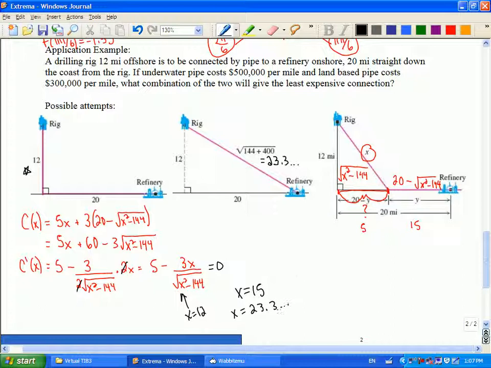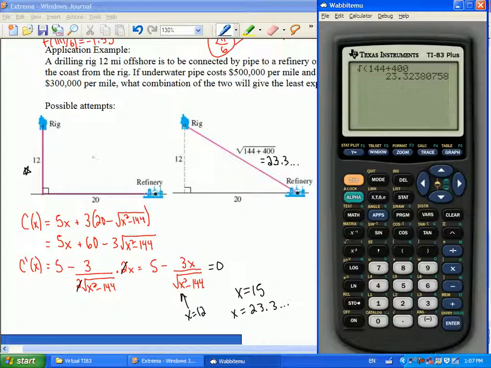Okay. So I know what my original function is. It's this one right here. That's what I'm going to now use with the table just like we did before and see what we have. So don't want to see the derivative anymore. We're going to put back in, this is the cost.